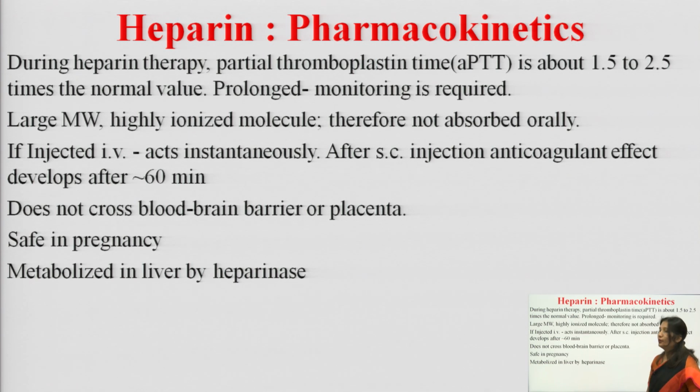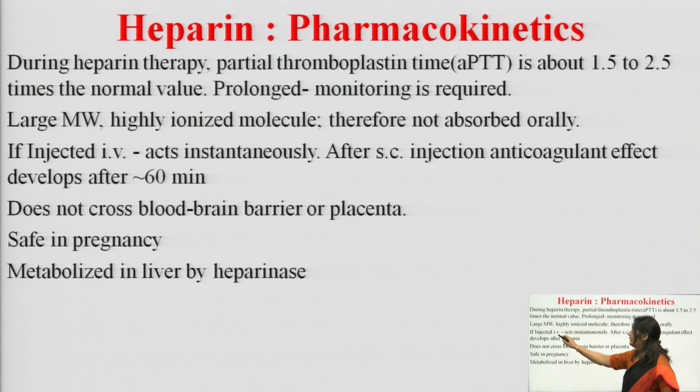Pharmacokinetics. During heparin therapy, partial thromboplastin time is about 1.5 to 2.5 times the normal value. So, partial thromboplastin time is prolonged, and monitoring of this PTT is required. Heparin is a large molecular weight, highly ionized molecule, so it is not absorbed orally.